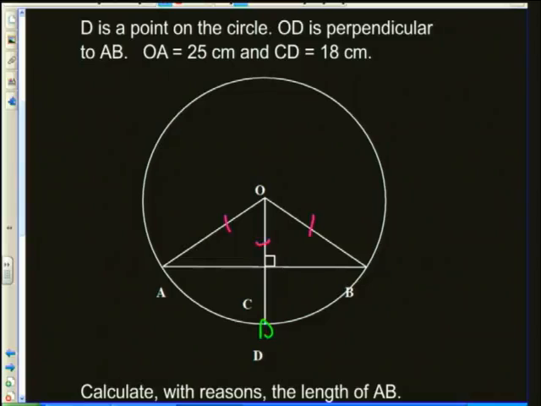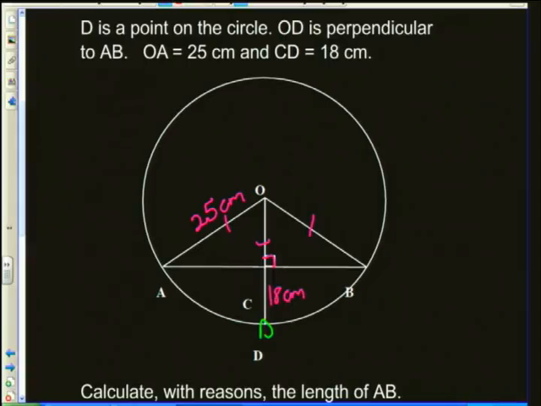All right? And what do they tell me? They say that OD is perpendicular to AB, so that's that 90-degree angle there. OA is 25, so this is 25 centimeters. And CD, so this bit here, is 18 centimeters.